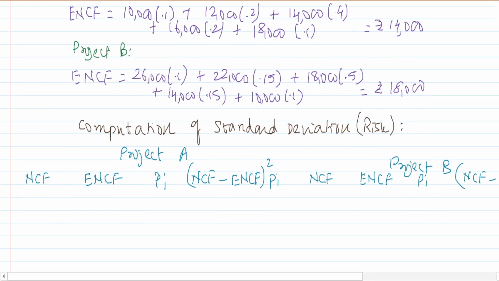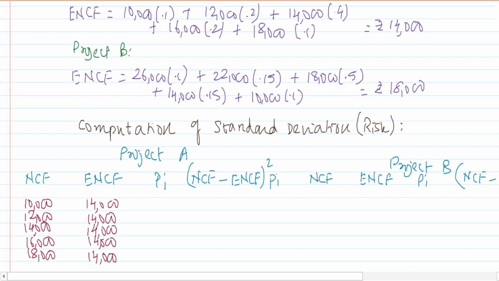So what you should be doing is copying these figures now. 10,000, 12,000, 14,000, 16,000 and 18,000. Your expected net cash flow is 14,000. And your probabilities, copy those too: 0.1, 0.2, 0.4, 0.2, 0.1. Right, so we just copy the information. Similarly, the other side also.